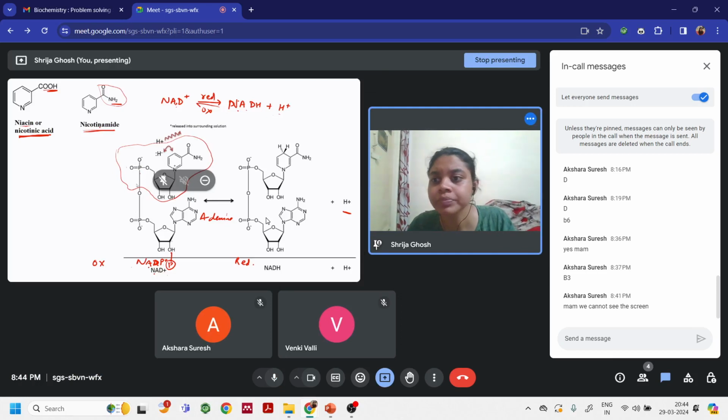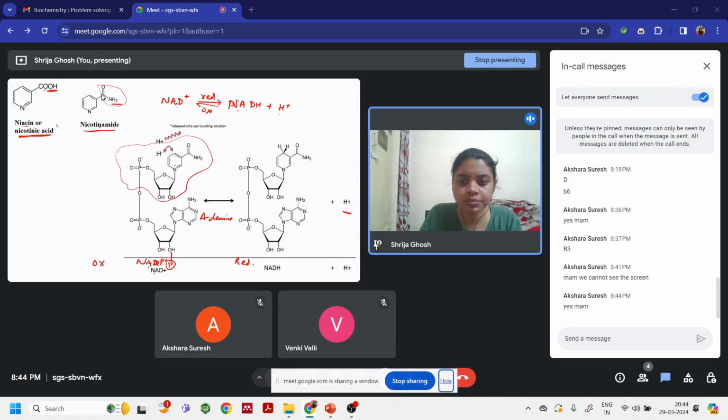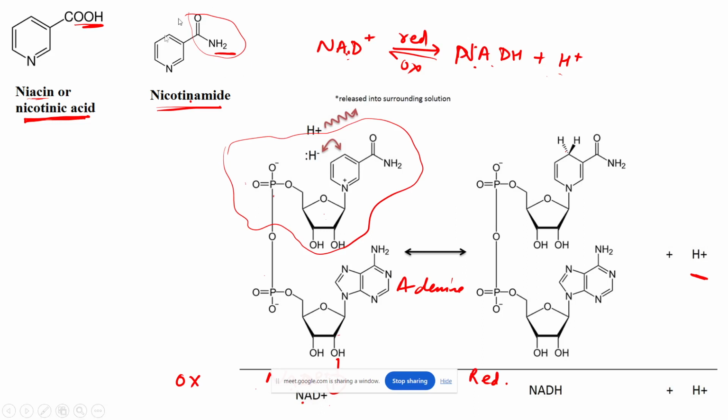Here, can you see? This is niacin, that is nicotinic acid, which is converted into nicotinamide when an amide group is attached to it.